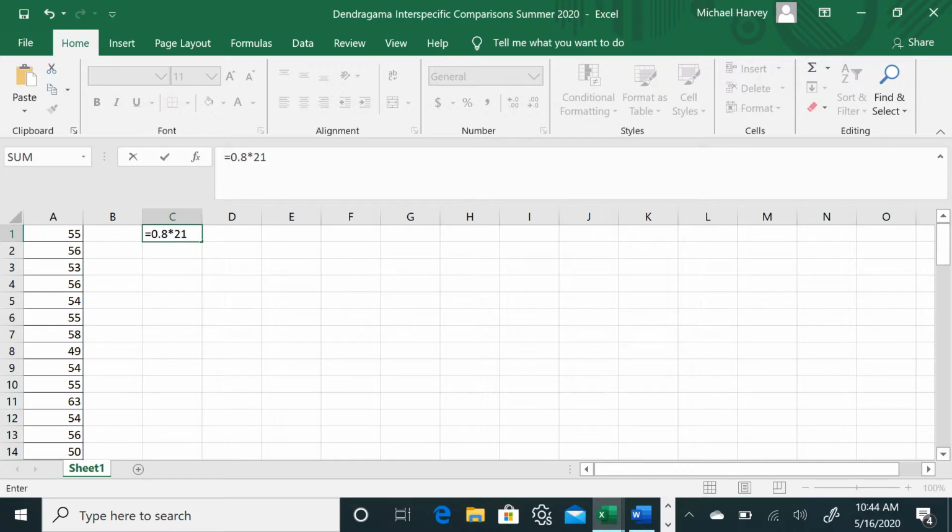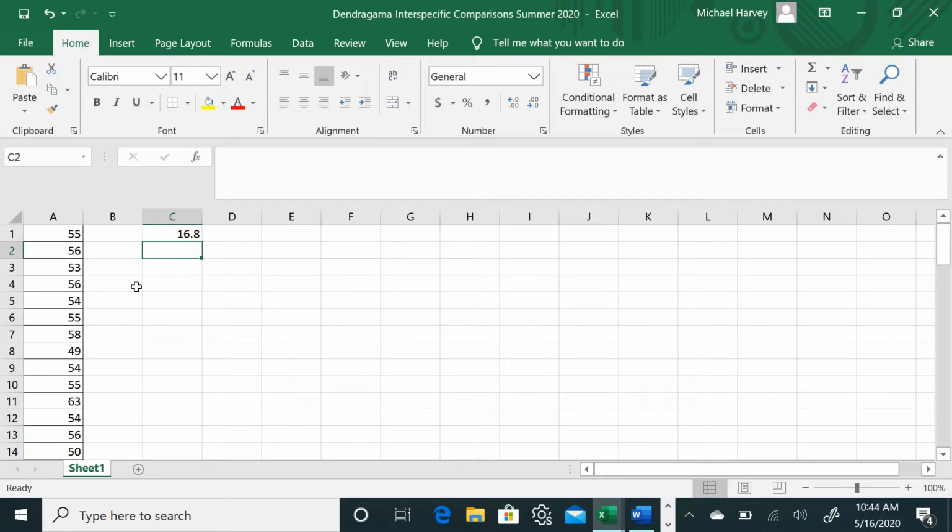That's the number of data points plus one, times the percentile that we're interested in. This is going to give us an integer portion and a fraction portion.